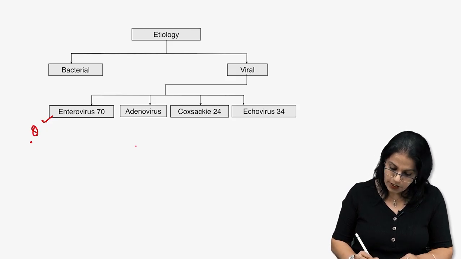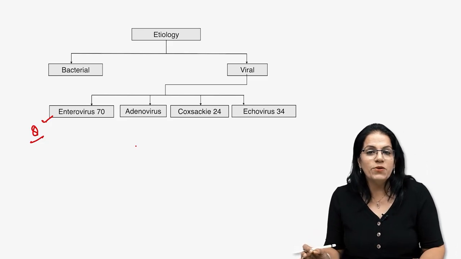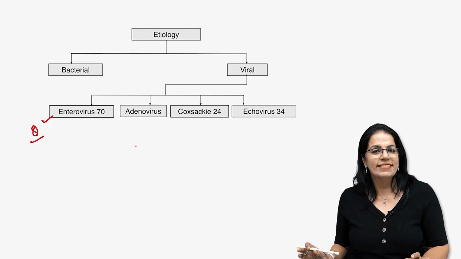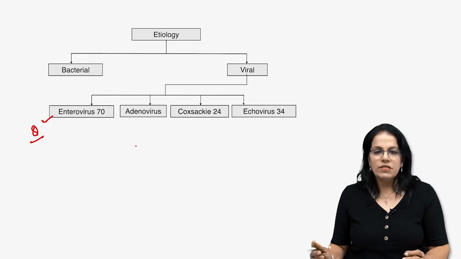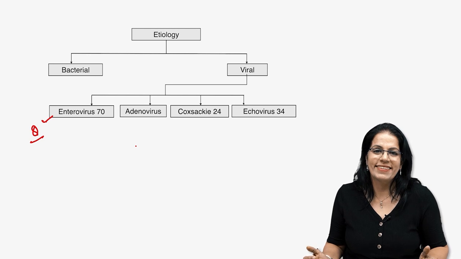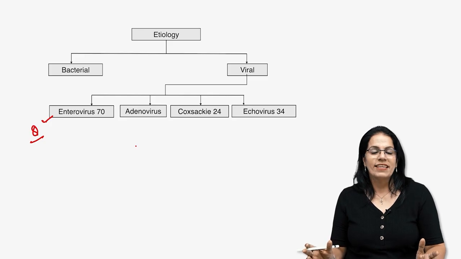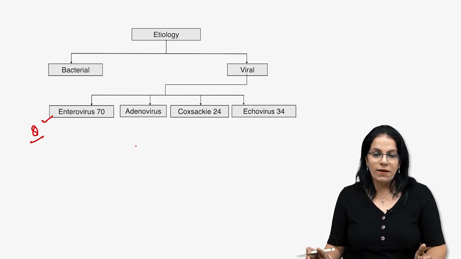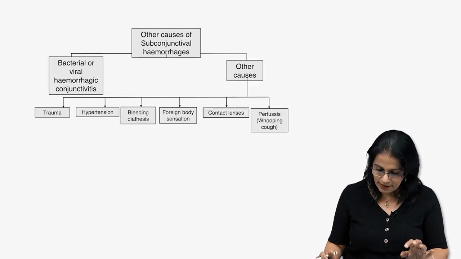So, this was a question. Enterovirus 70 we will always prefer first. Next is adenovirus, then Coxsackie A24 and Echovirus 34. So that was the etiology. Of course, if it's viral, we can't do much, and for bacterial, you know what you have to do. We come to another important thing, subconjunctival hemorrhages. What are the main causes of subconjunctival hemorrhage apart from viral conjunctivitis?